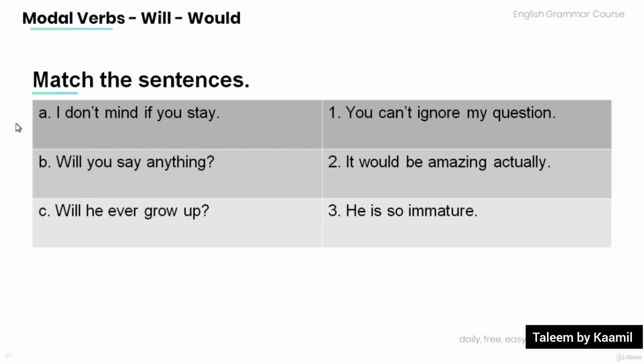And now, match the following sentences. A. I don't mind if you stay. B. Will you say something? C. Will he ever grow up? 1. You can't ignore my questions. 2. It would be amazing actually. 3. He is so immature.